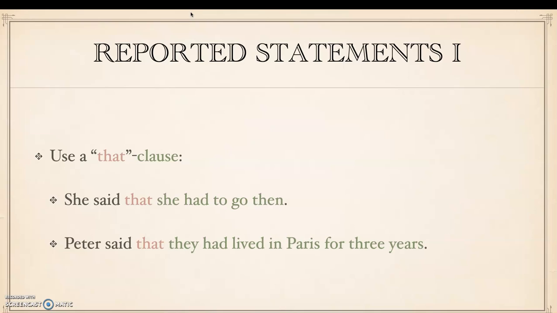That she had to go then. We use the linking word that, and then we go on with the rest of the sentence. That is a that clause, a subordinate noun clause, direct object of the verb in the main clause.